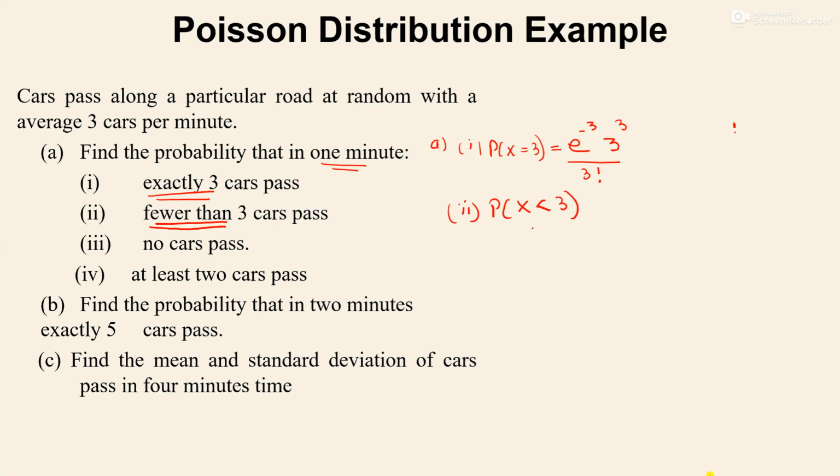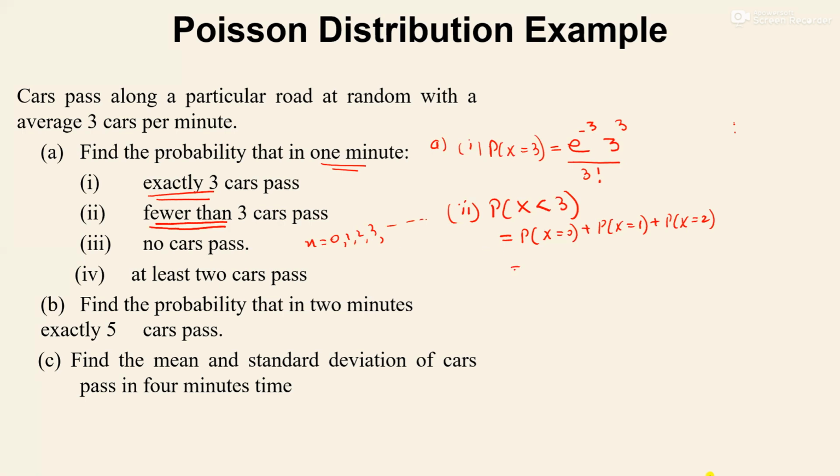So it is equal to probability of x equals 0, or probability of x equals 1, or probability of x equals 2. Fewer than 3 means there is no 3. So 0, 1, 2, because your x values take 0, 1, 2, 3, and so on. So fewer than 3 means only 0, 1, 2.